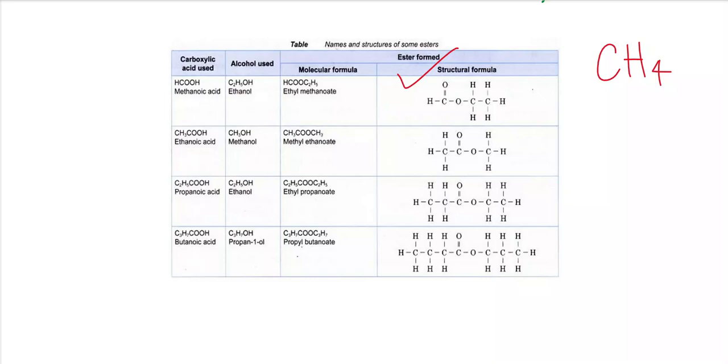So this is all related to the introduction to organic chemistry. We talked about the homologous series, the alkenes, and then the alcohols and carboxylic acids. We talked also about the different organic compounds that can be distinguished from each other by their molecular formula and the displayed formula, which is the structural formula.